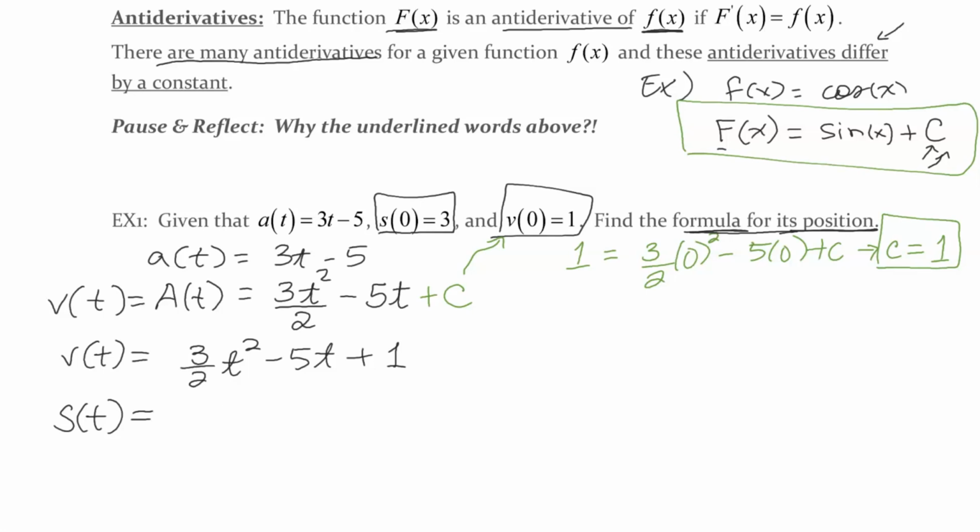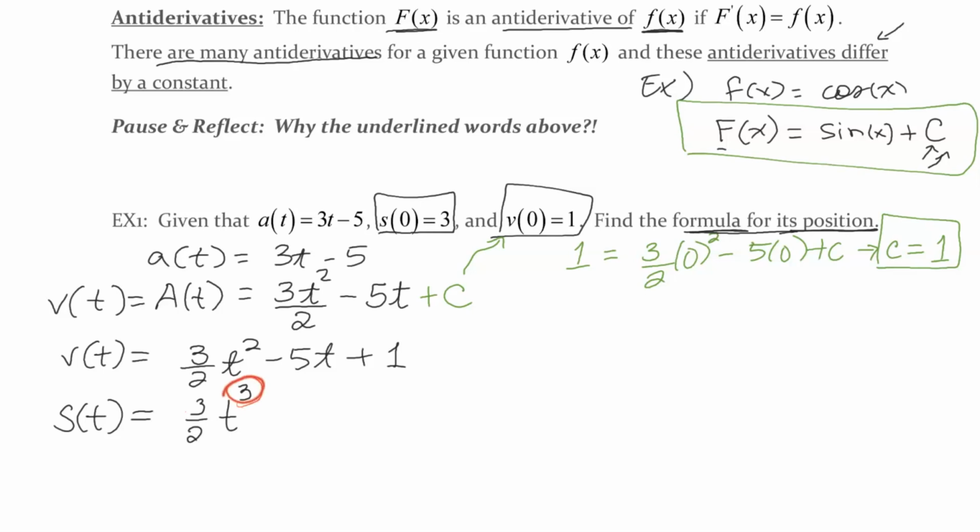Well, remember, the 3 over 2 t squared, we would have to add 1, right? Because we know that when we take the derivative, we are subtracting 1. So when we're going backward, we're going to add 1. But remember, if I was to take this 3 and take the derivative and move it down, that's going to become 9 over 2.